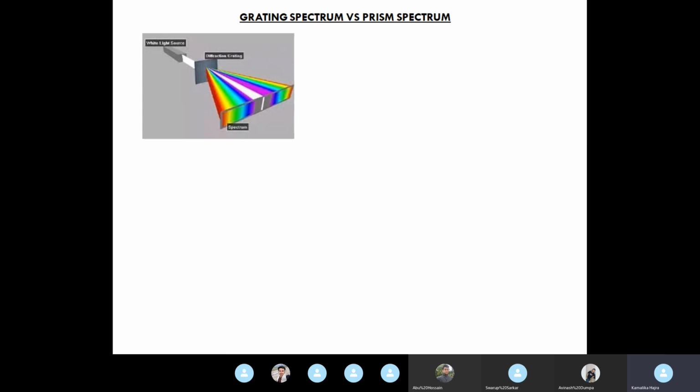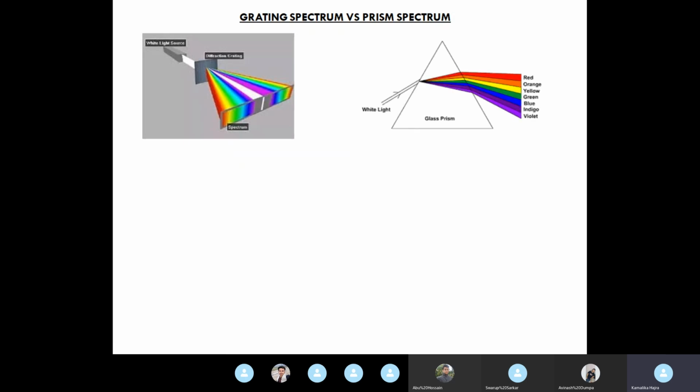So this is how a grating spectrum is produced. White light, this is a diffraction grating, and central fringe white, but spectrum at the higher orders of principal maxima.